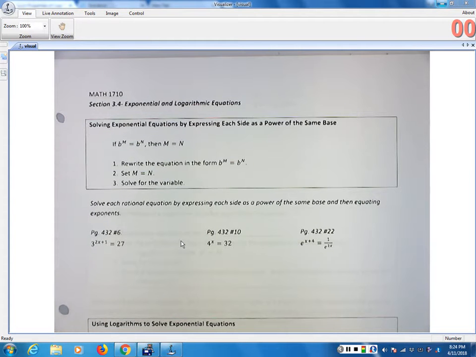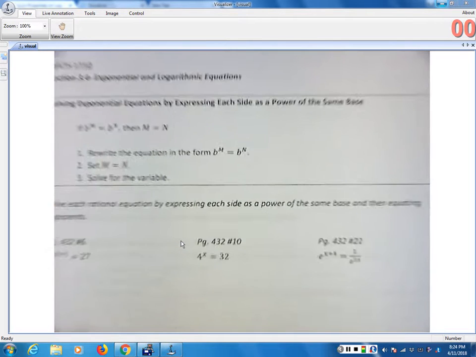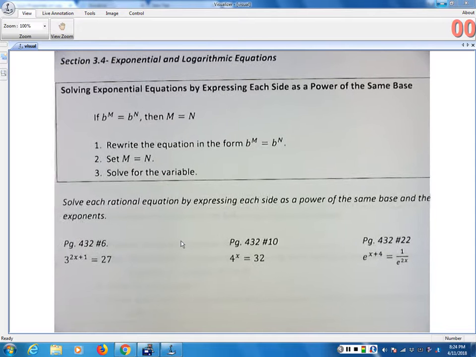Alright, so how do we solve exponential equations? I already did this once. So these are the steps to solving exponential equations.